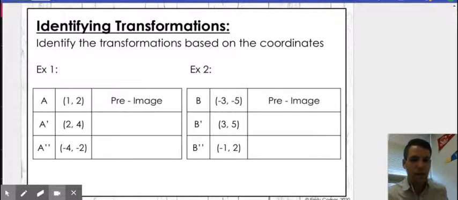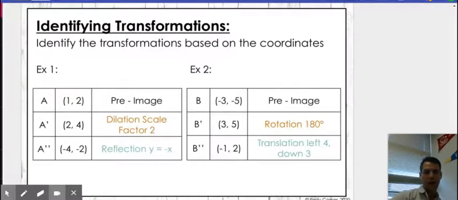So for identifying transformations, we're trying to figure out, based on just the coordinates, what was the transformation that happened. So looking at our answers here in example 1, we have a point going from 1 comma 2 to 2 comma 4. The only thing obvious that happened was that the 1 doubled to become 2, 2 doubled to become 4, telling us that it's going to be a dilation by a scale factor of 2.